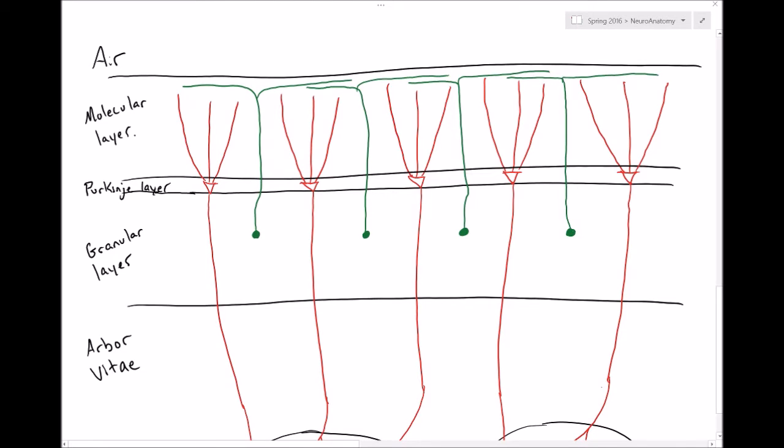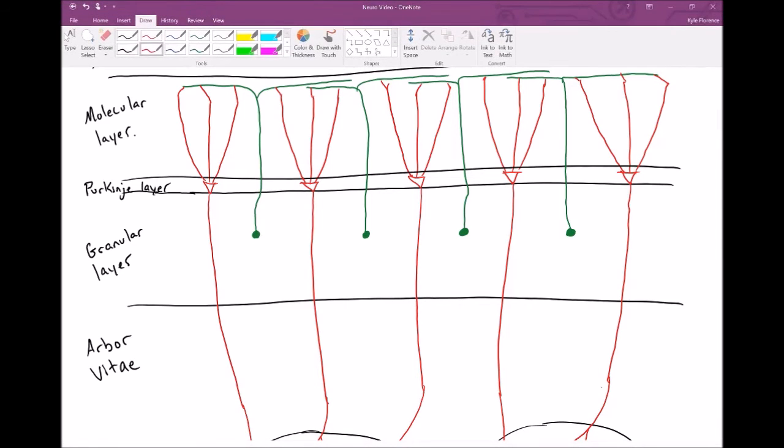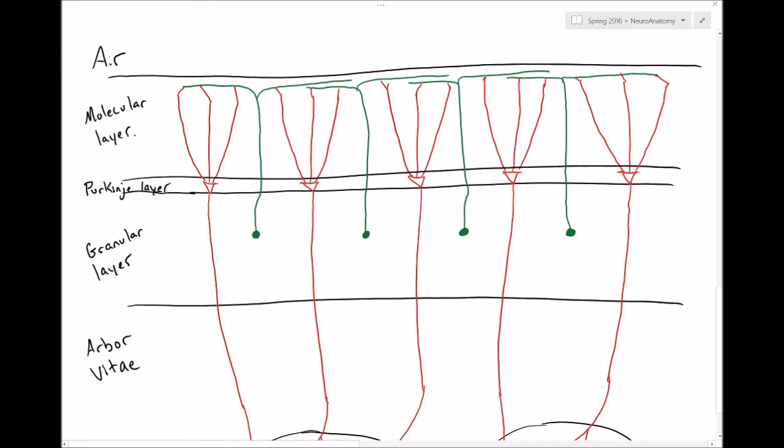These parallel fibers synapse with the dendrites of the Purkinje cells. So let's draw the connections here. Okay. Granule cells also have a number of dendrites which stay in the granular layer.